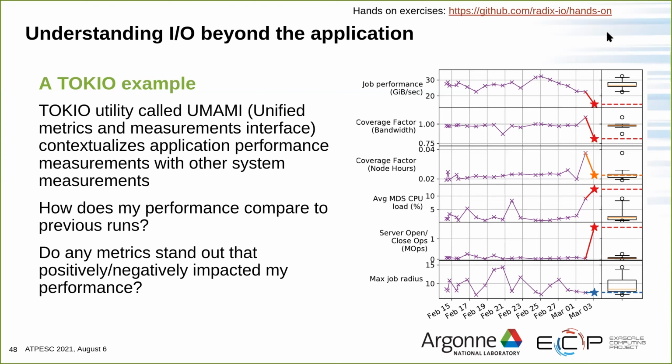At the very far right side, there are distributions that give you an idea of where the measurements for the whole time frame lie versus where the most recent run is. The idea is to correlate different performance parameters and see how they change over time to see if we could observe anything interesting.